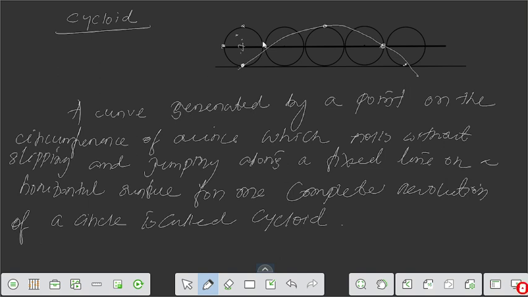Let's see. If the curve is traced by this point, after one roll it will move to this point, and after this it will move to the next point, and so on.